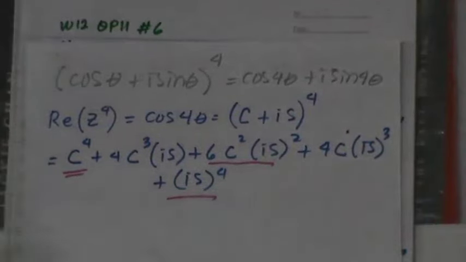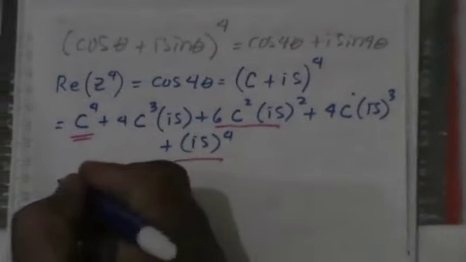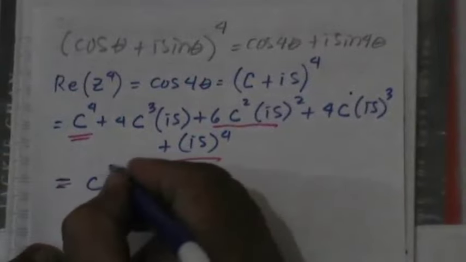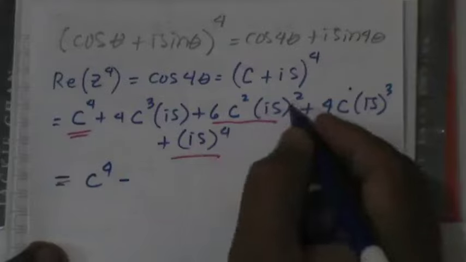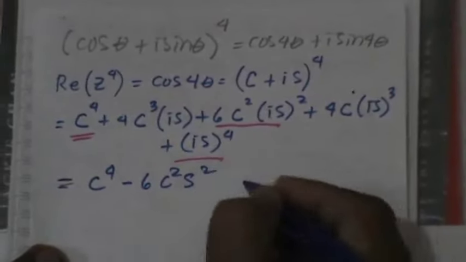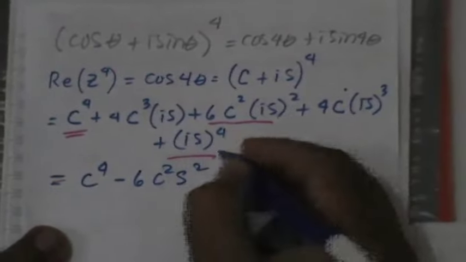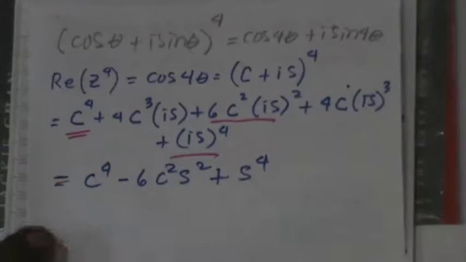So our answer will be equal to c to the 4th minus, since i squared is minus 1, 6c squared s squared, and i to the 4th is positive, so plus s to the 4th.